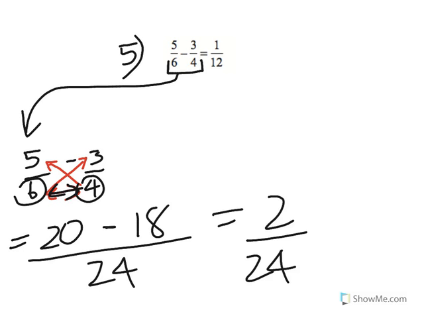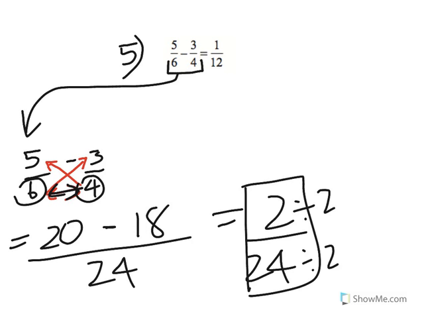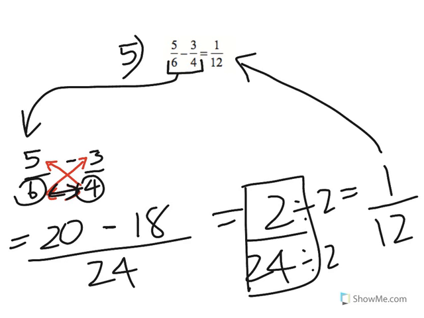So it's 2 over 24. Now, if you notice in this fraction, we can divide both the numerator and the denominator by 2. Right? So what we're going to get is 2 divided by 2 is 1, and 24 divided by 2 is 12. And as you notice, it corresponds with the right hand side, meaning you've proven it.